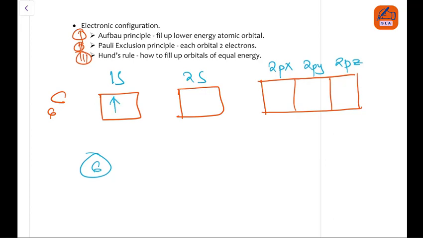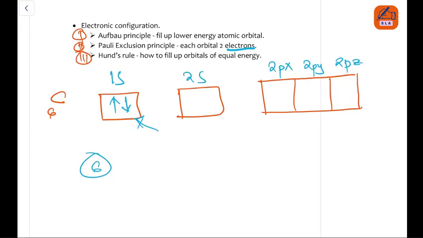But one orbital can contain a maximum of 2 electrons. So it will be this way, and I direct them in opposite spin because each orbital contains a maximum of 2 electrons, and no orbital should have electrons with the same spin.